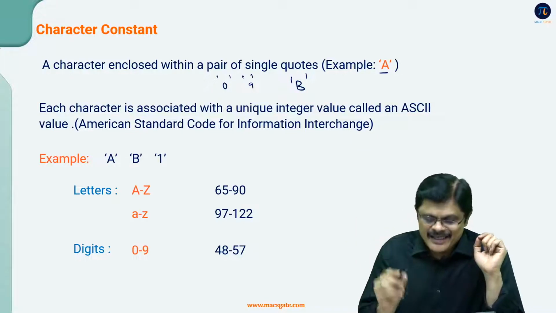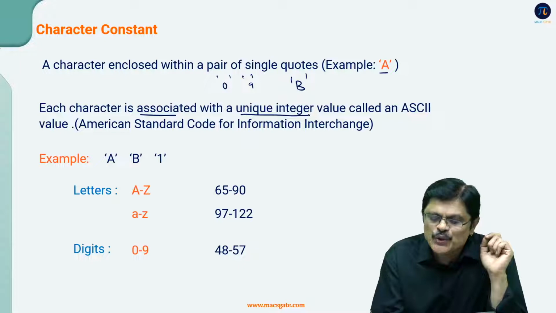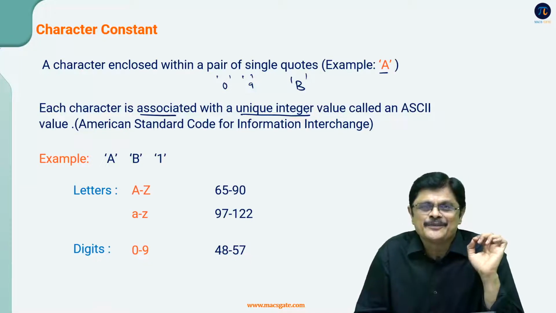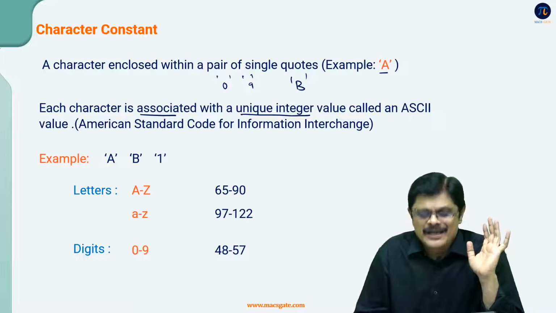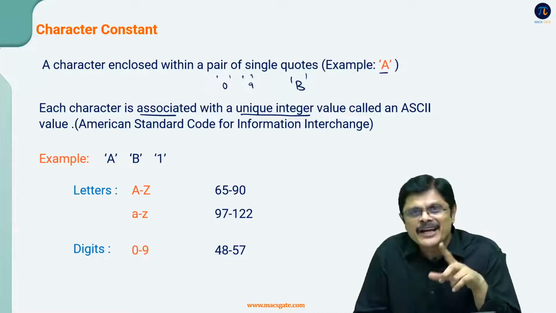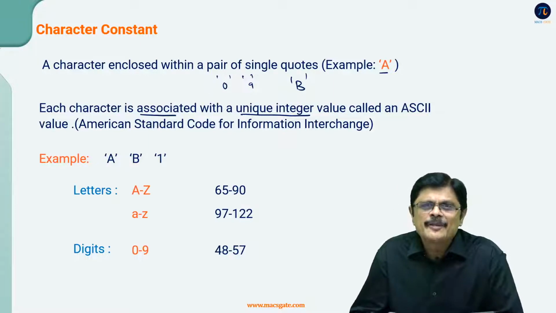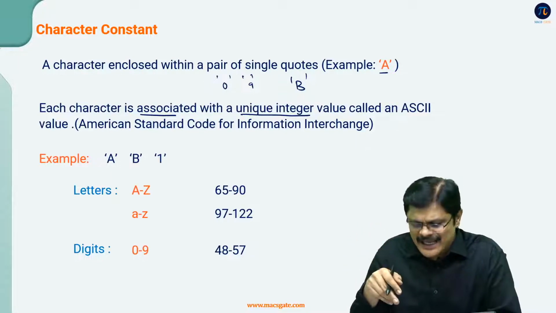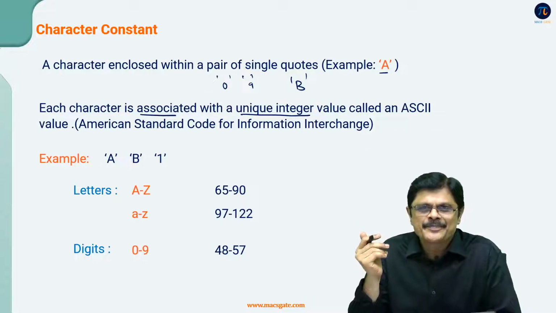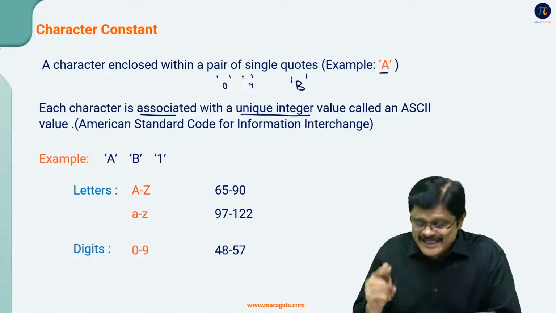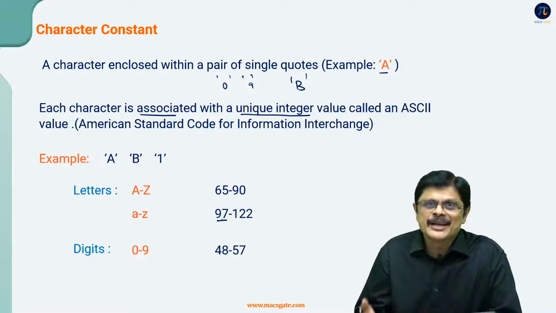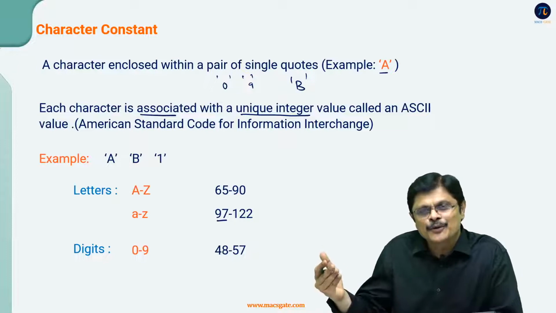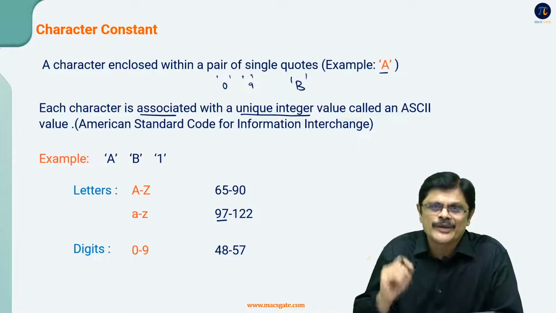each character is associated with a unique integer value called ASCII value. So, for capital A, the ASCII value is 65, then capital B next number 66, capital C 67, like that it goes up to capital Z, ASCII value 90. Small a ASCII value is 97, similarly small b 98, and so on up to small z it is 122.